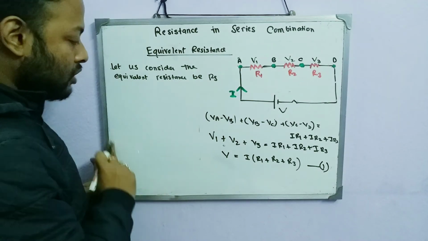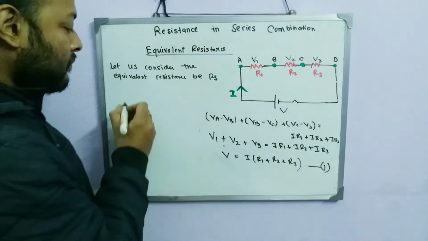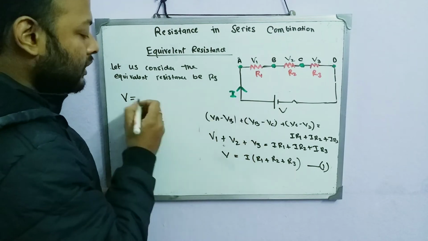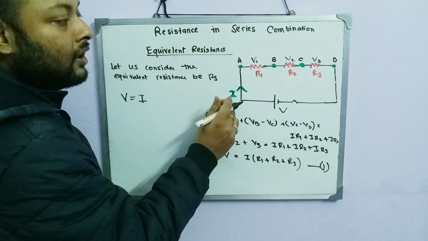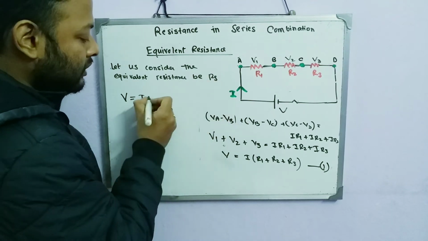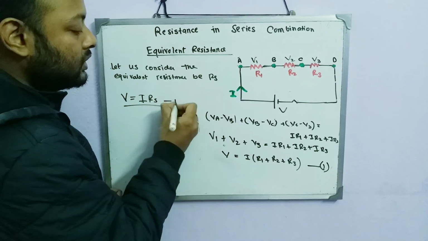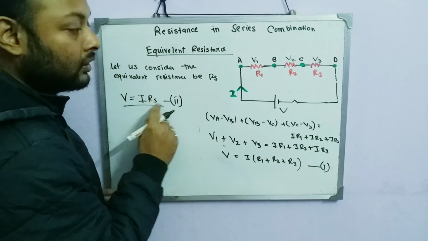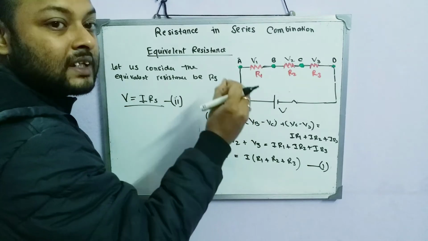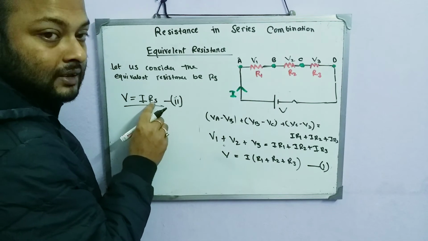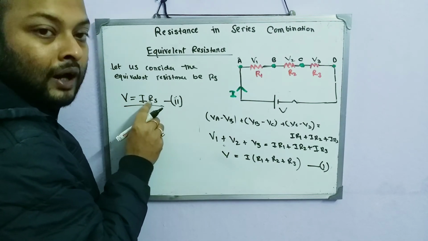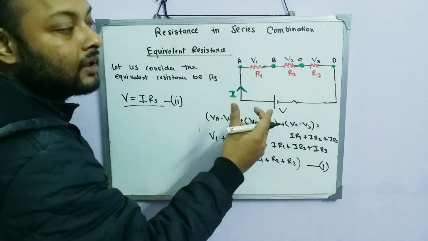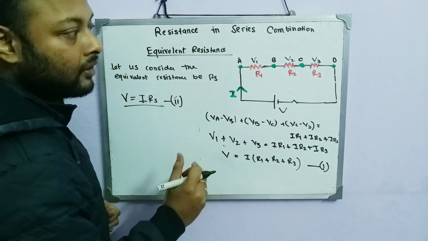If I apply Ohm's law, V is equal to IR, so V is equal to this current into the resultant resistance, I into Rs. So this becomes my equation 2. I assume this entire circuit's resistance is Rs, so V is equal to I into Rs.